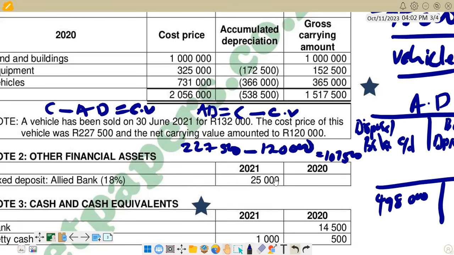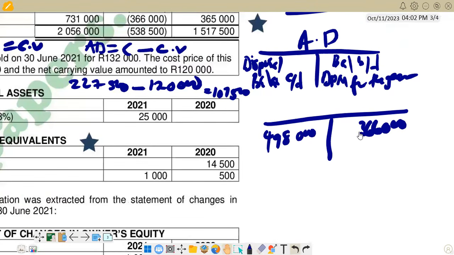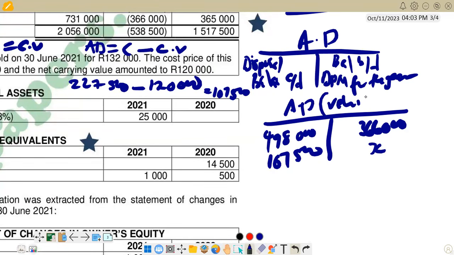So it's 107,500, and this figure comes on the debit side. So to find the depreciation for the year for vehicles, this is the accumulated depreciation for vehicles account. To find this X, we are just going to say this one plus this one minus this one.